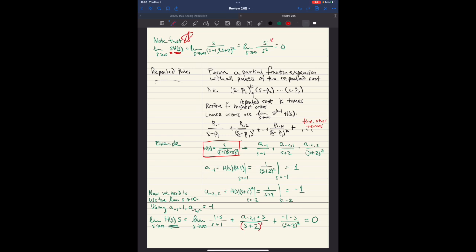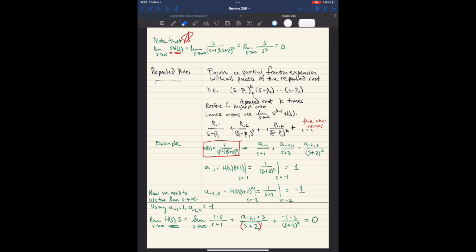And so this reduces down to the limit of s over s to the third. Well, as s goes to infinity, this is essentially 1 over s squared. I could cancel out one of these powers of s. This guy, as it approaches infinity, goes definitely to 0. So essentially, I'm driving this to a known value for H(s).